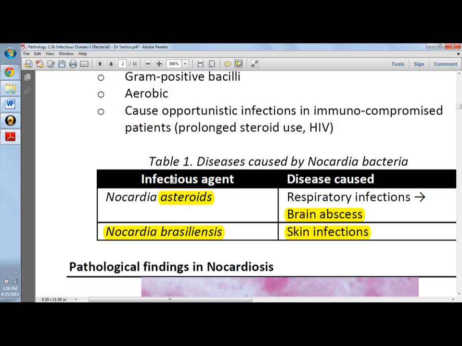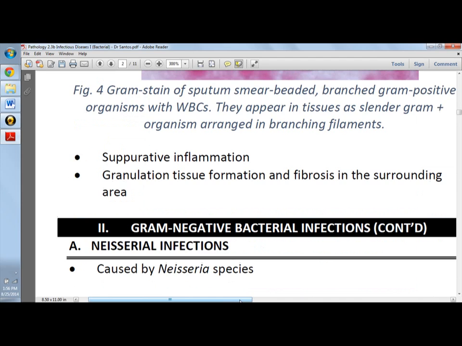One thing to remember: asteroids, think of the neurons as they look like asteroids, and respiratory infection can lead to what? Brain abscesses. For brasiliensis, I use the mnemonic BRA. A bra is what you use to protect your skin, specifically your breast tissue. So this is for skin infections.